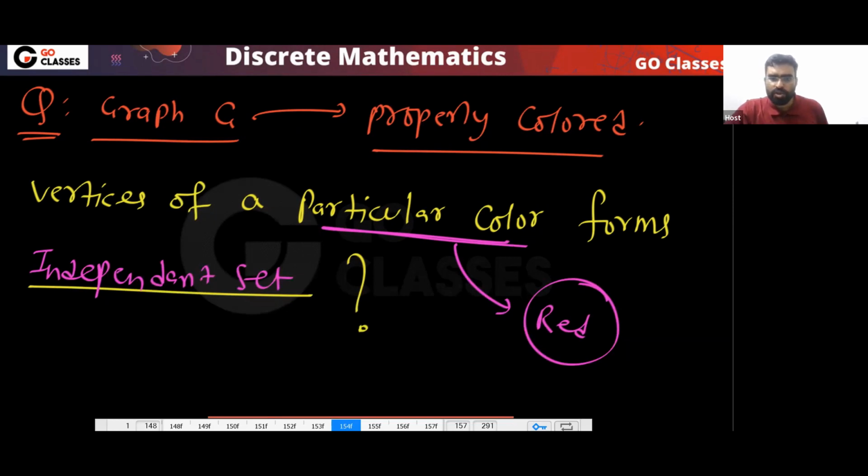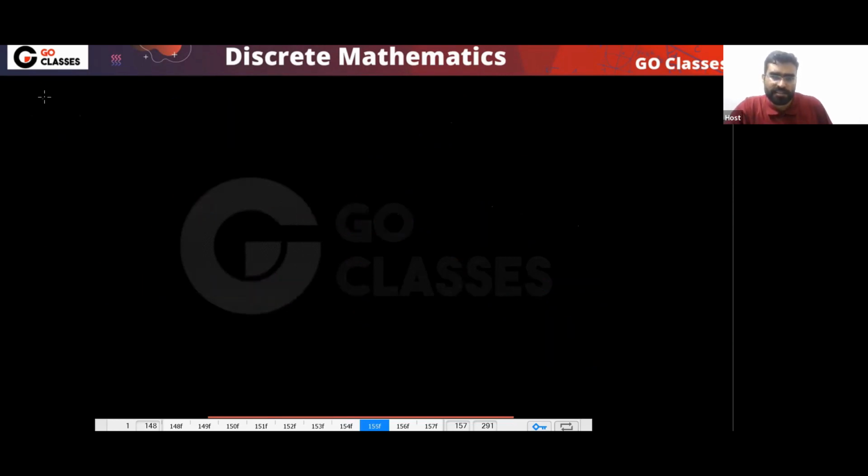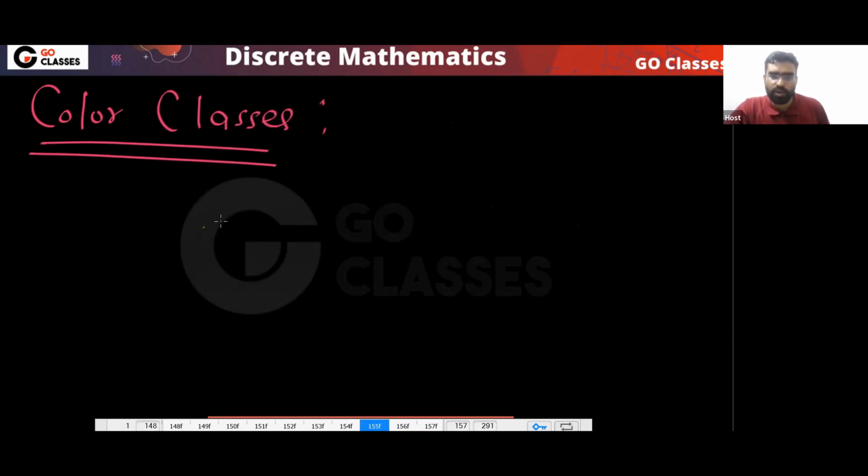Very simple. So remember, what are the color classes? Color classes means this: you have a graph G, and you can divide the vertices into color classes.